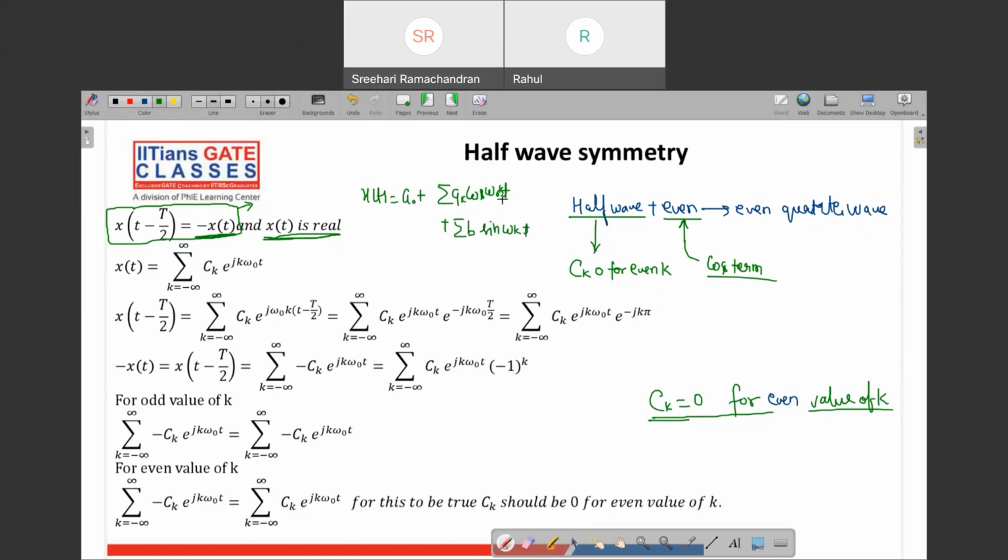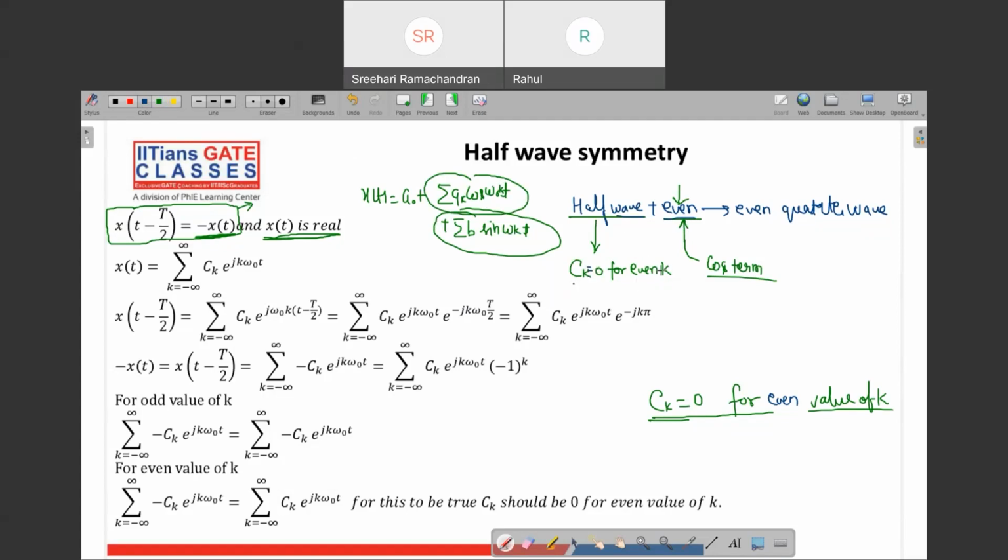Whenever you have an even signal, it will not have any odd term. It will have only the even term, which is cos here. Because of that, if the signal is half wave symmetric and even, it will have ck only for odd values of k. For even values of k, it will be 0.